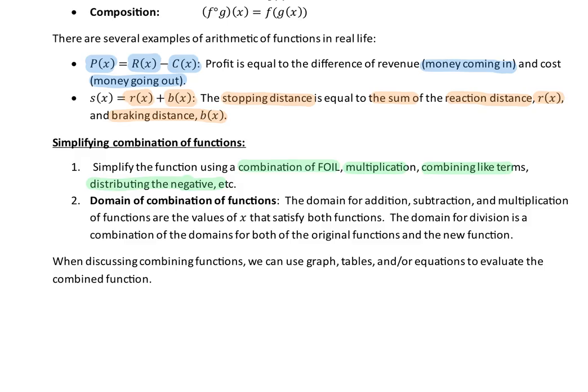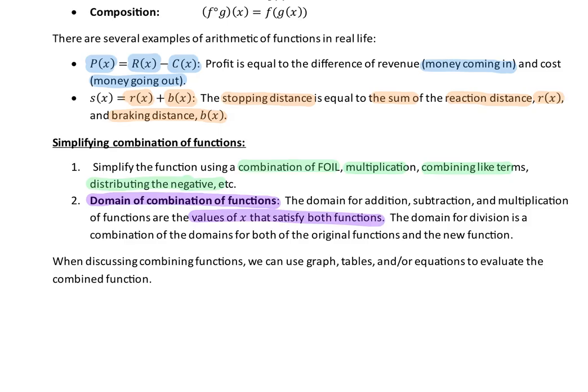Now, the other thing that we haven't talked about in previous math classes is the domain of a combination of functions. When we talk about addition, subtraction, and multiplication, we just want to make sure that we have the values of x that satisfy both functions.